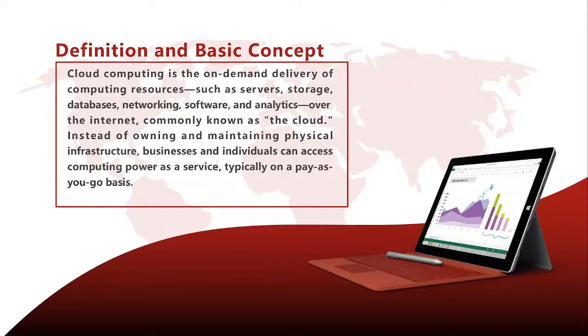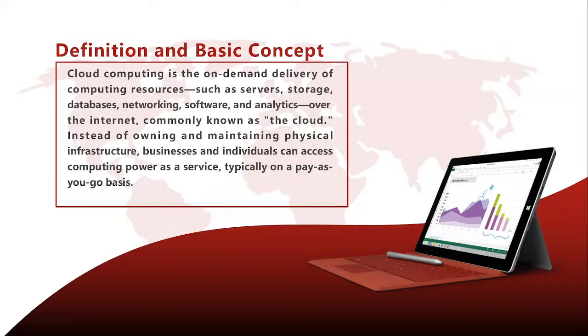So, it is not only a server like, you can say, Google Drive. No, actually, it is having different features. You have the server also, storage also, databases are there, networking like powers are there, different software are there which can be used. We will be talking about them in great detail in the upcoming sessions, you can say. And the analytics can also be done right away on the cloud itself.